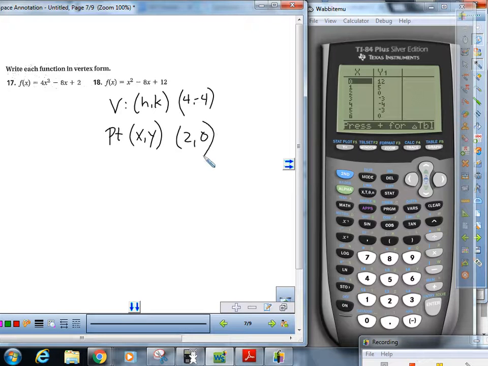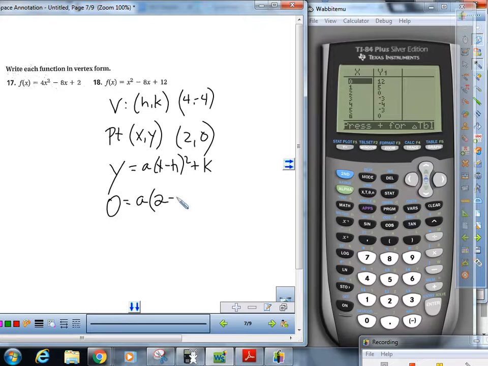You could have chosen any point in here. It doesn't matter which one you choose. It's all going to lead you to the same a, which is pretty cool. Okay, so y equals a times x minus h squared plus k. Plug in everything, solve it for a. y is 0. a is a. x is 2.